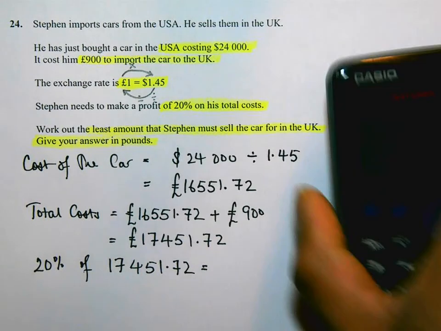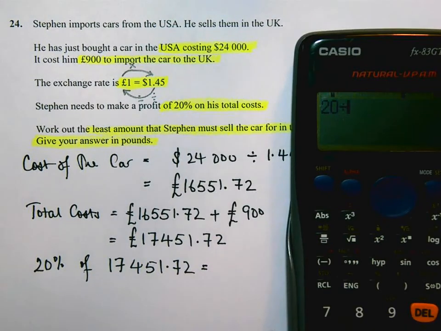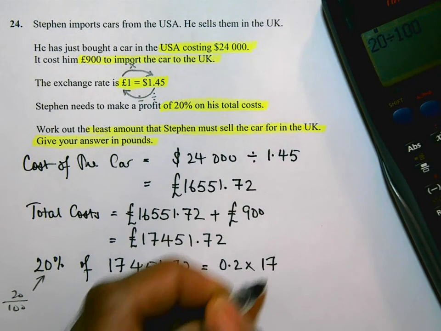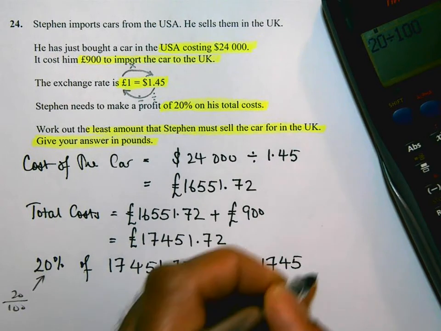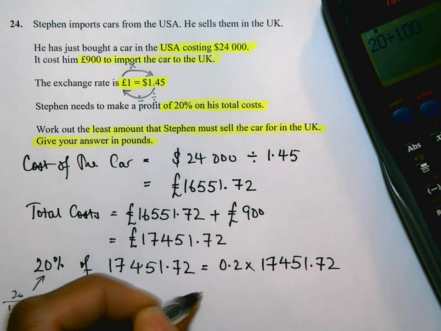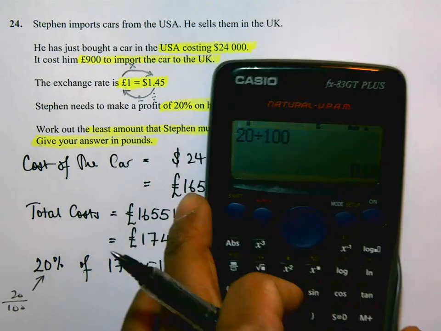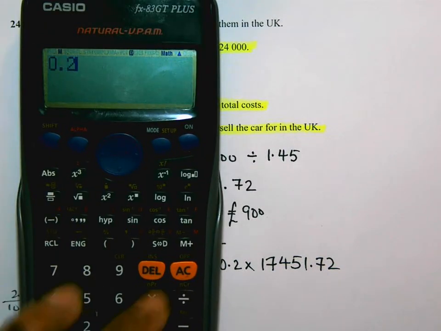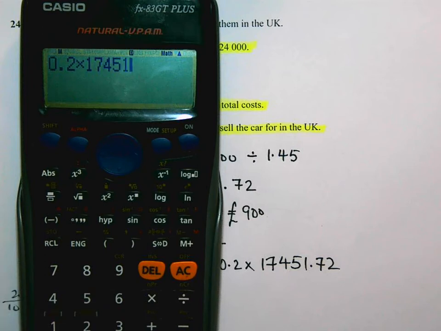So let's work that out. 20% is 20 over 100, that's 0.2 times 17451.72.